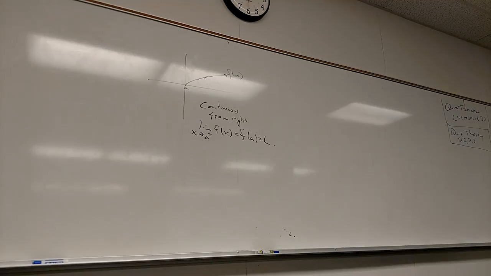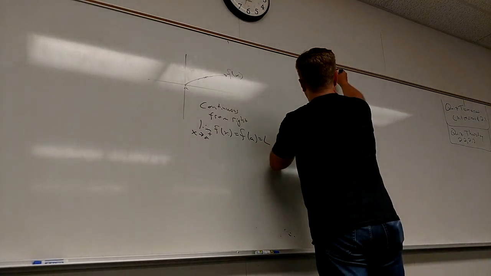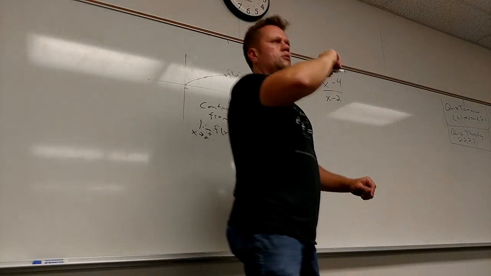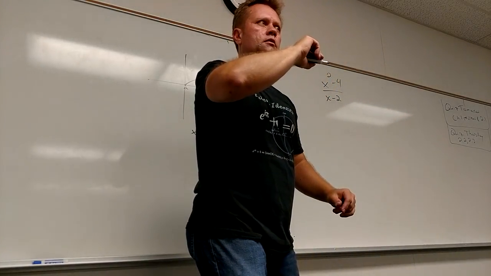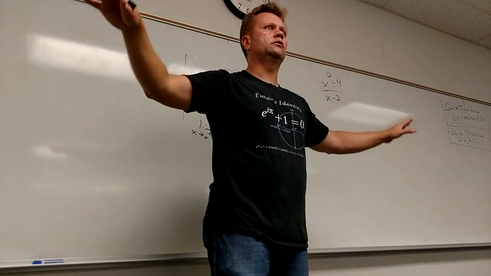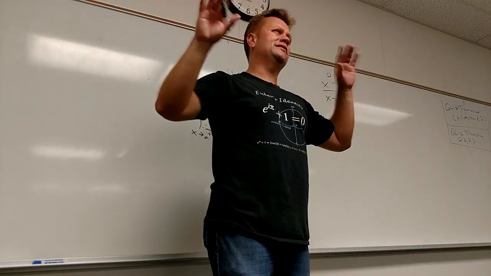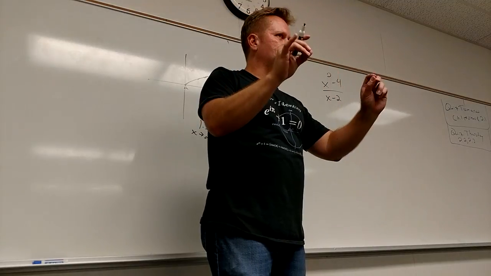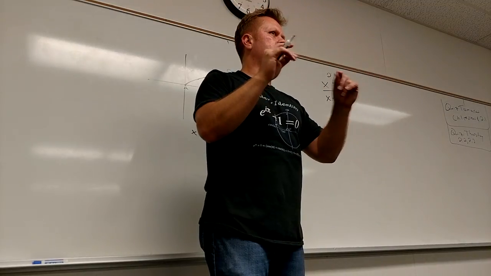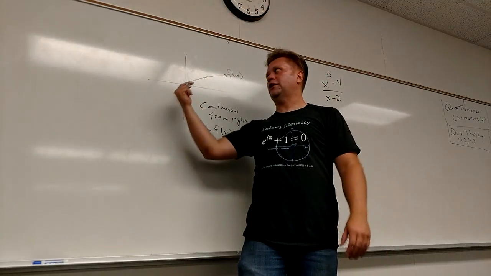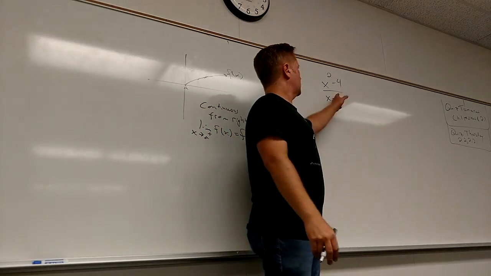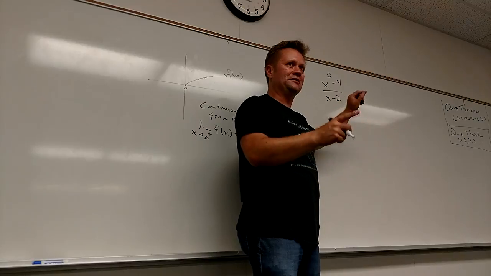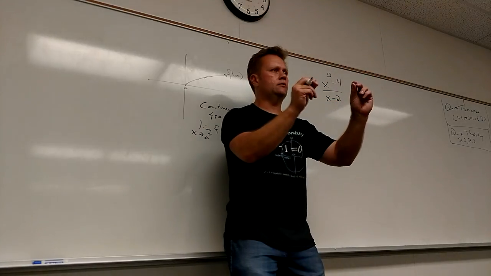So if I ask you, is this function continuous? What would you say? Is that function continuous everywhere? No, that function is discontinuous where? But is 2 even in its domain? No. So to be fair, sort of like we were fair for this guy, we say it's continuous at every point on its domain.